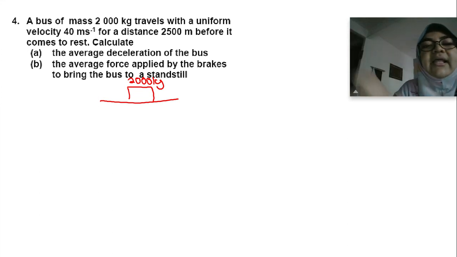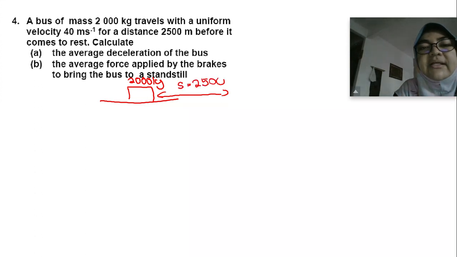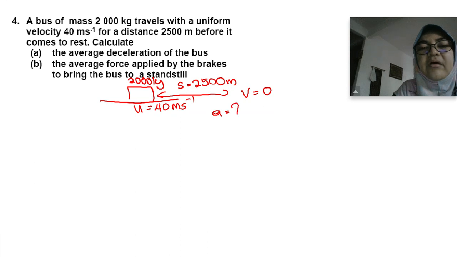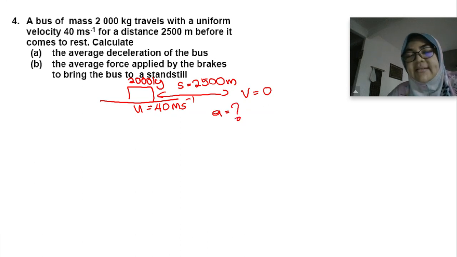The bus moves a distance of 2500 meter and it stopped, but initially it moved with 40 meter per second. So now we need to calculate the deceleration of the bus.